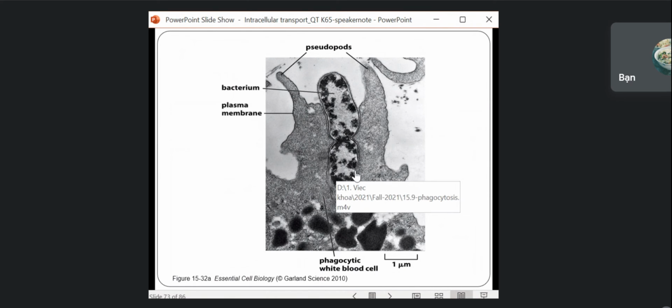The immune cell develops a structure they call the pseudopod and surrounds the bacteria, and then they make the phagosome to fuse with the lysosome and degrade all of the bacteria inside the cell.